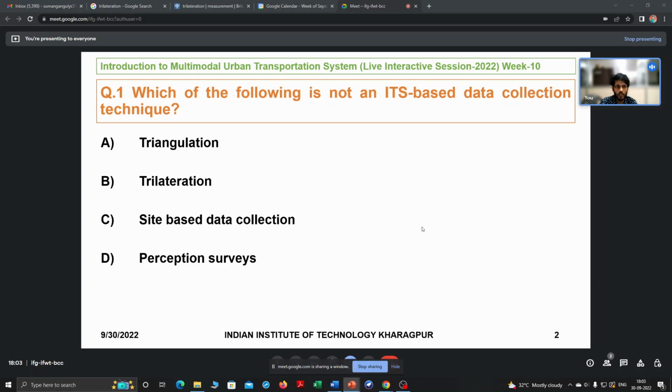So before we say what an ITS based data collection technique is, we should know what an ITS is. Its full form is intelligent transportation systems.